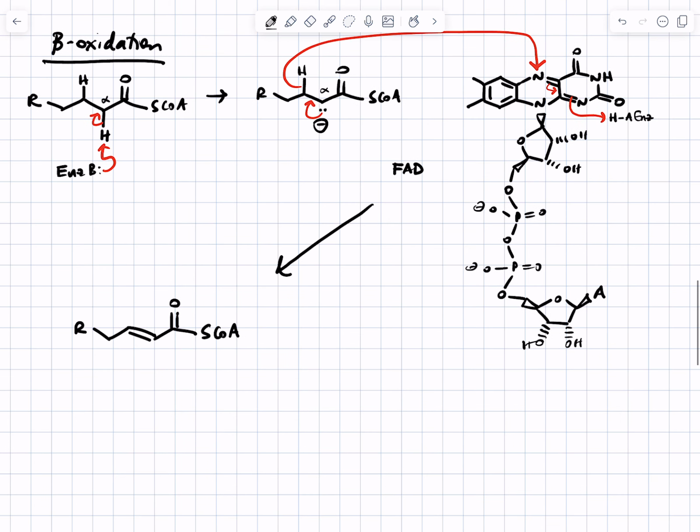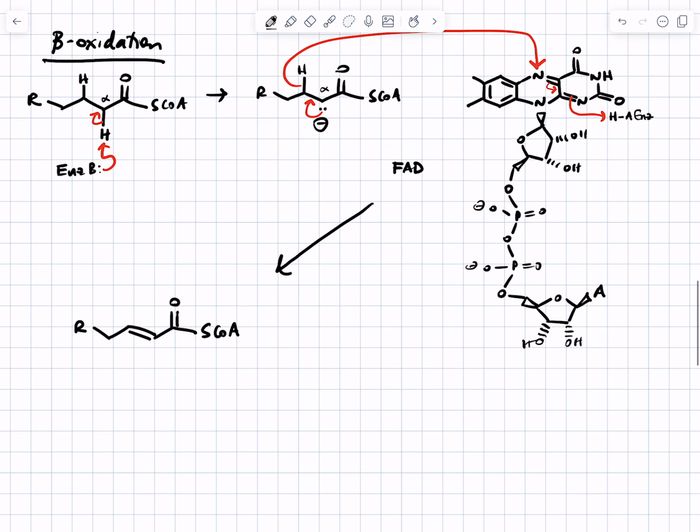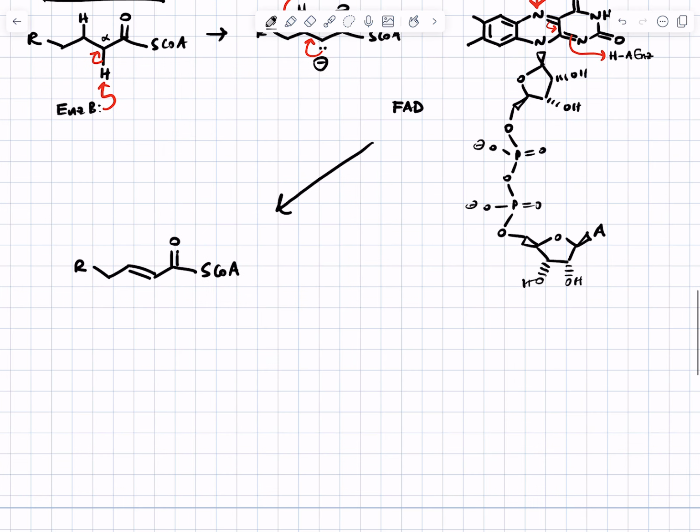Let me see if I drew that right. 1, 2, 3, 4. Yeah, it's good enough. All right, the product is going to be our alpha beta unsaturated thioester.